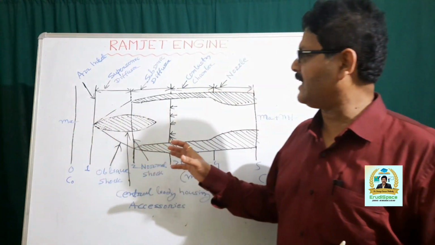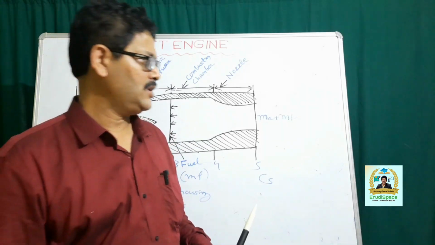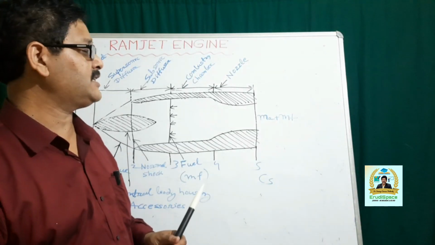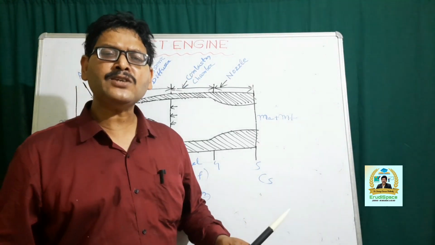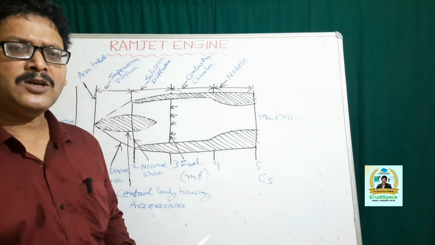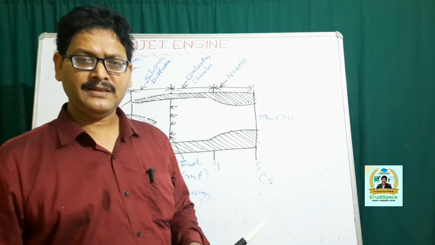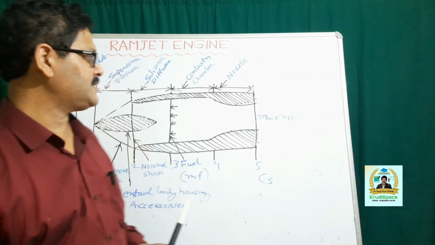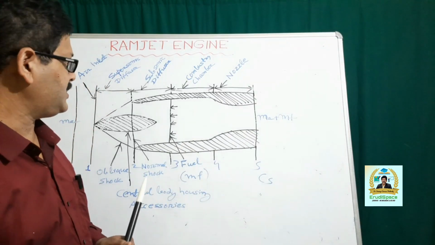And another thing that I have told you, that we can attain a very high temperature which helps in improving the fuel economy and its performance. But at high temperature, dissociation of the molecules, fuel molecules may take place. So some of the power that is developed may be utilized or wasted on account of dissociation.